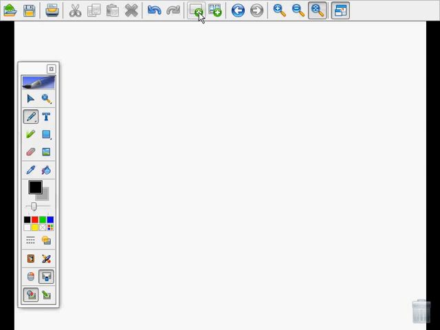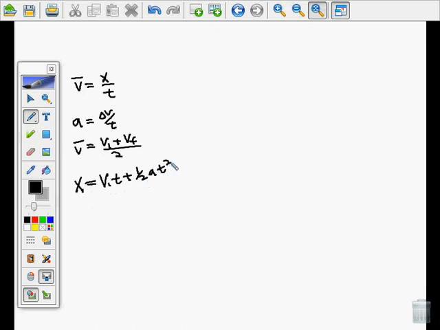Over here you have the motion stuff. I'm just going to quickly jot this down: v bar equals x over t, a equals delta v over t, v bar equals vi plus vf over 2, and then over here, what do we have? x equals vit plus 1/2 at squared, vf squared equals vi squared plus 2ax.